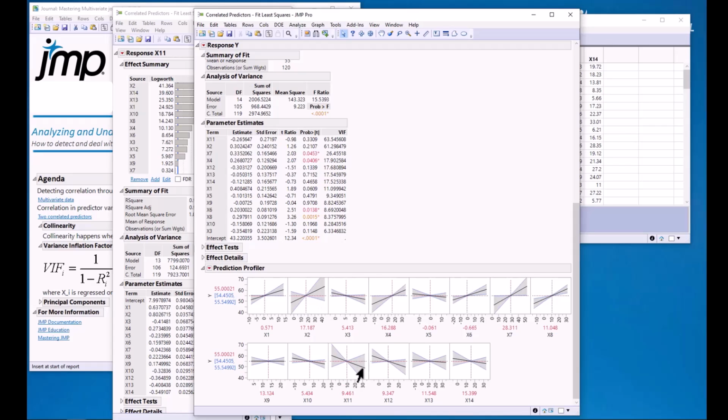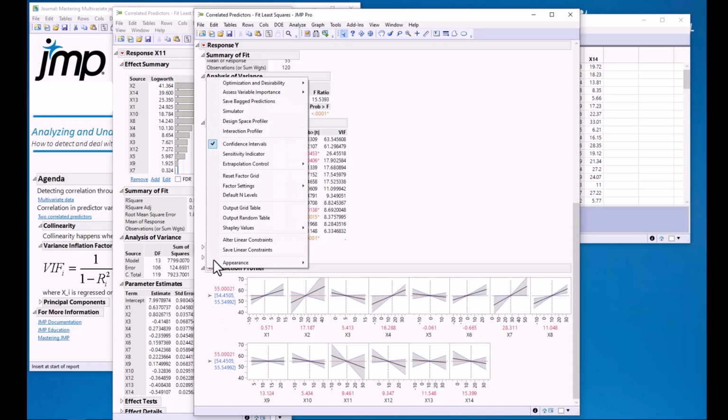Why is that happening? Well, because the correlated data do not fill 14 dimensions of space. They're in a cigar shape, a 14-dimensional cigar shape, instead of a 14-dimensional spread out shape.